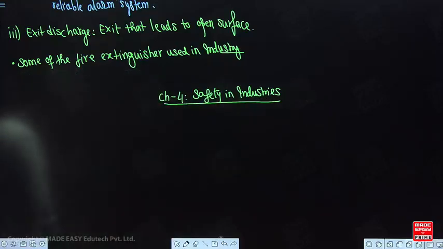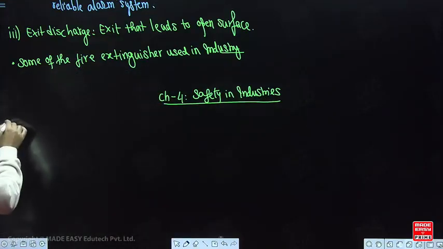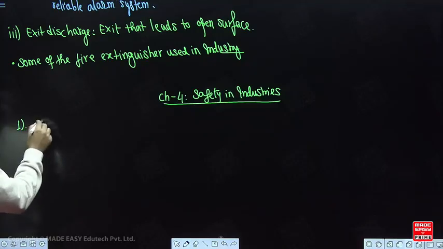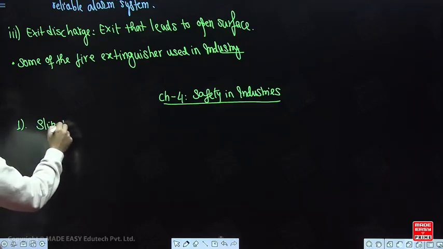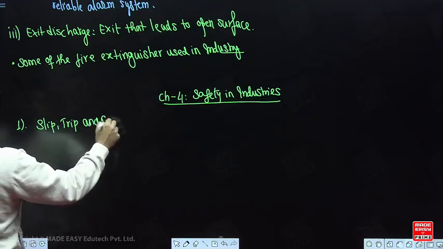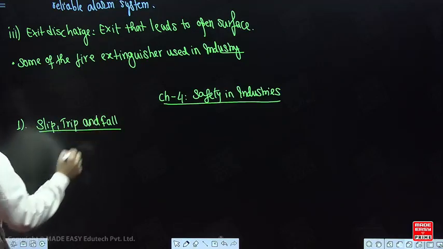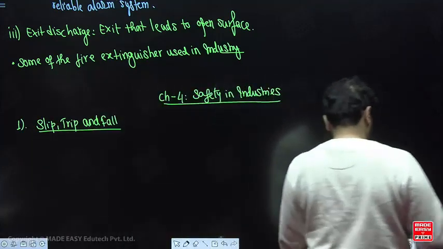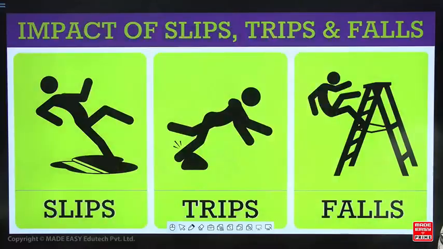Right. So common hazard that we are going to see. The first one is called slip, trip and fall. Now what is a slip, trip and fall? See, this is called slip, trip and fall.